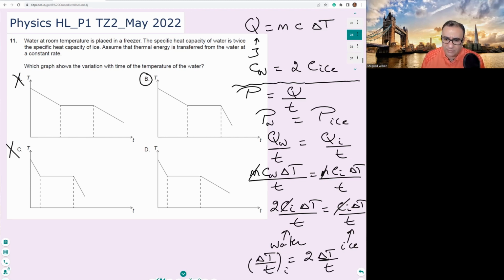So this is for ice and this is for water, which means what? Which means the slope, the slope or gradient is delta Y over delta X. Now Y is capital T, X is small t. So delta T over t is the slope, which means the gradient has to be greater for ice compared to water. And that confirms the answer B, because here the line is steeper, which means it has a higher gradient compared to water.